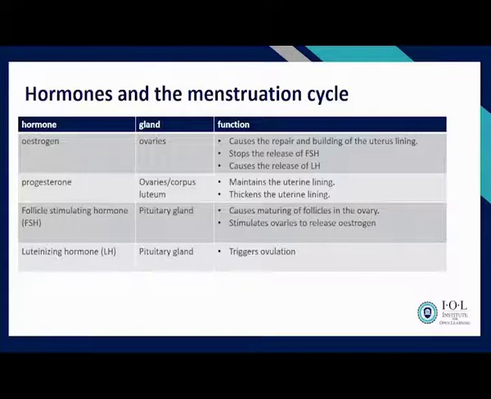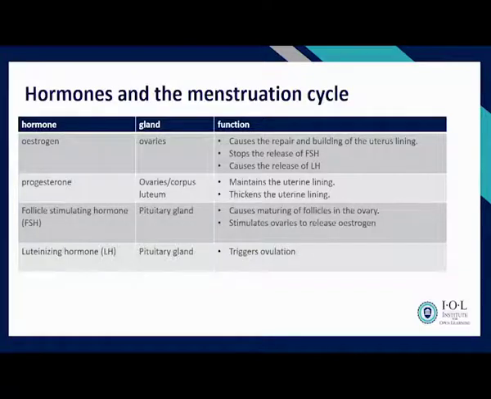implant. Another hormone that we are looking at in this course is the follicle stimulating hormone, produced by the pituitary gland. What function does it play in the menstruation cycle? It causes the maturing of the follicles in the ovary. Why are we saying it causes the maturing? Because as a girl child is born, she is already born into this world with the follicles.